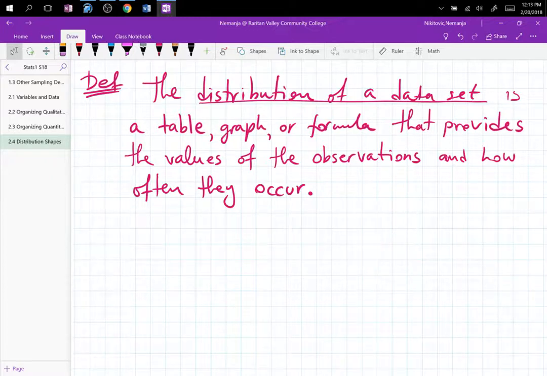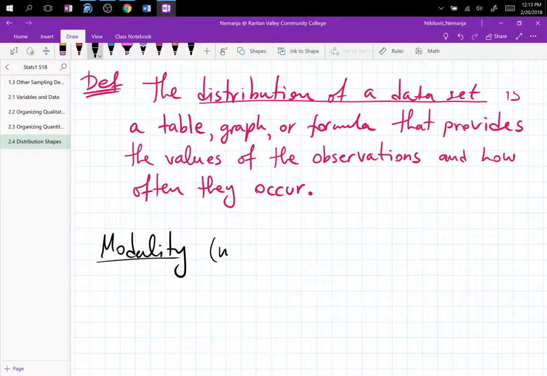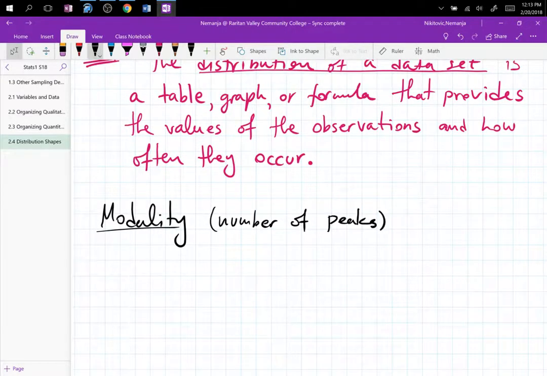So for the modality, I'll just say number of peaks. You can have something like this, which is unimodal.